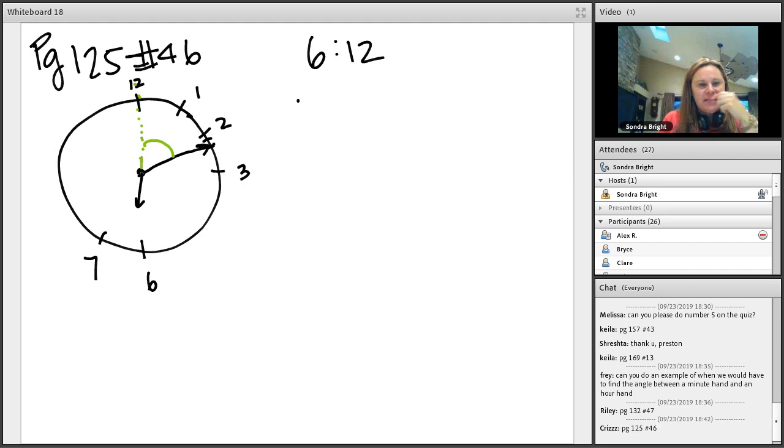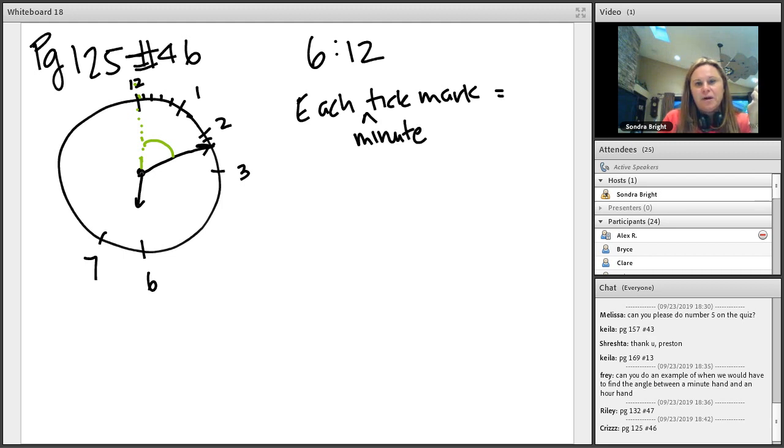Each of the little tick marks, how about if I call them the minute tick marks, each minute tick mark is equal to 6 degrees. Each of those little guys is worth 6 degrees.